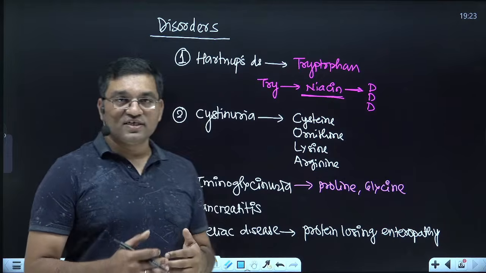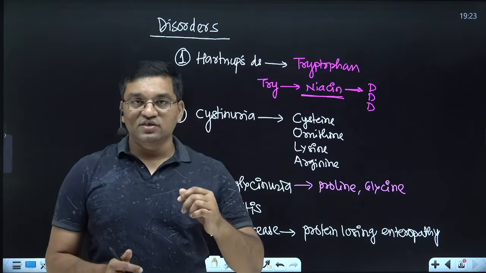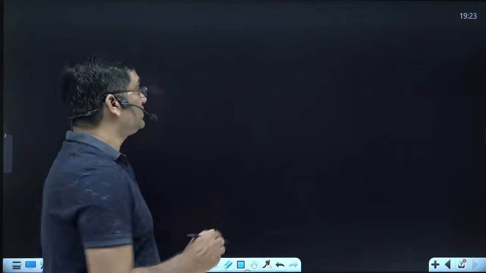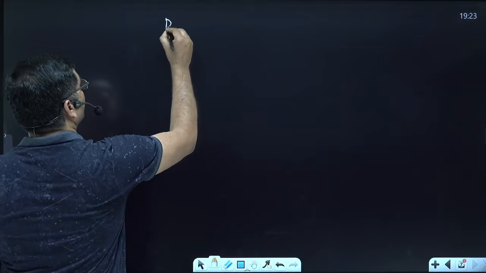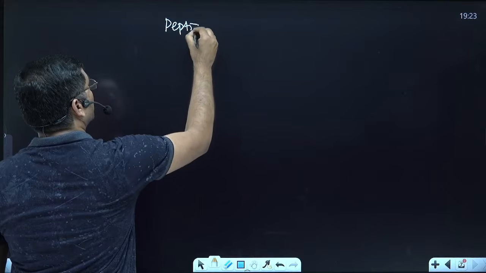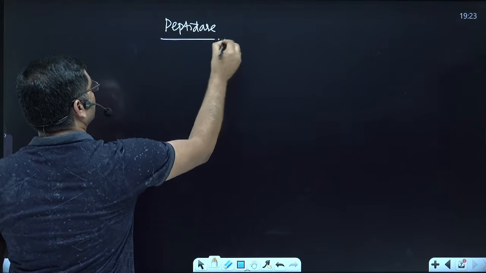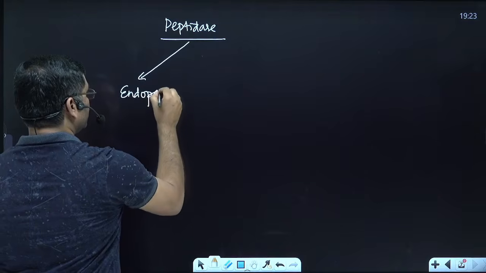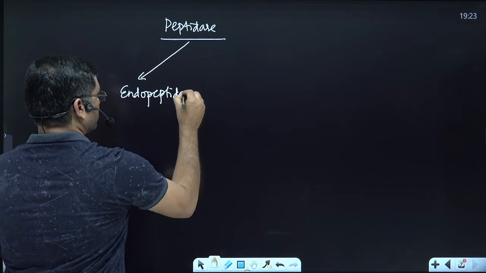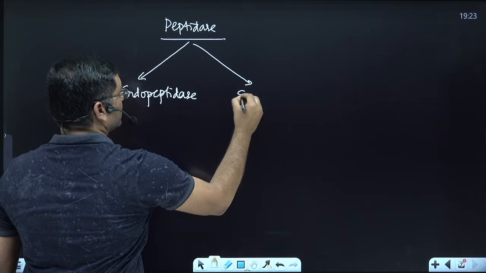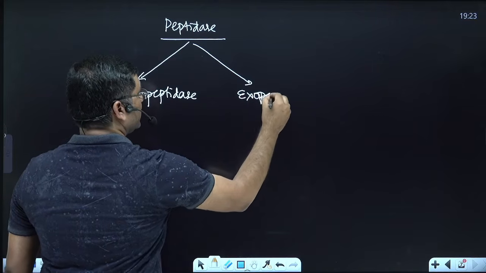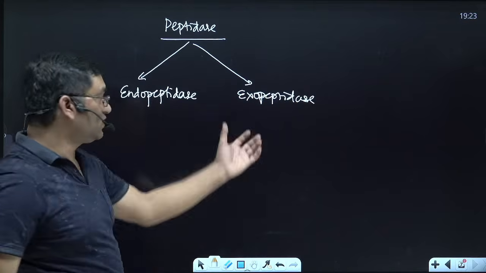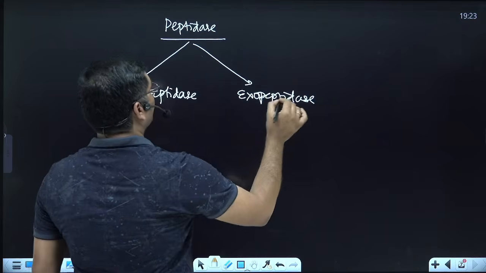Once again, we'll revise this. We discussed the two types of peptidases, endo and exo. Endopeptidase will act on the internal peptide bond, exopeptidase will act on the external peptide bond or terminal peptide linkages.